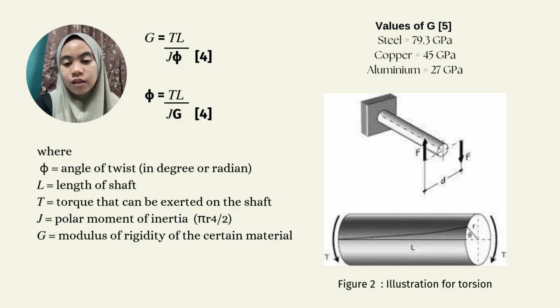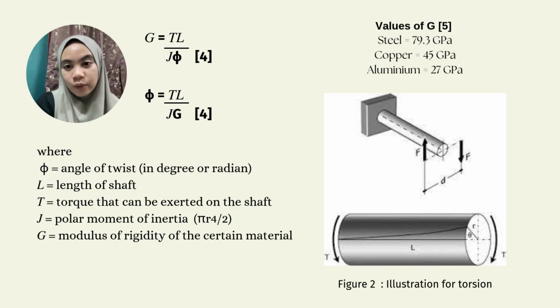We use pi r to the power of 4 divided by 2 to find the value of J, because in this experiment we only use solid rods instead of hollow rods. When we have hollow rods, we will use another formula. Okay, so that's why we use pi r to the power of 4 divided by 2. And lastly, we have G, modulus of rigidity of the certain material.